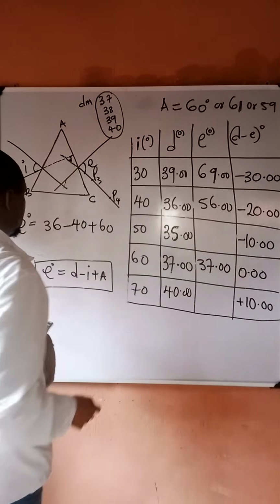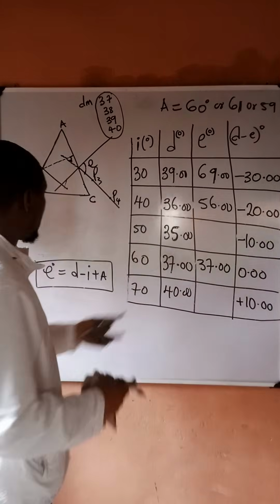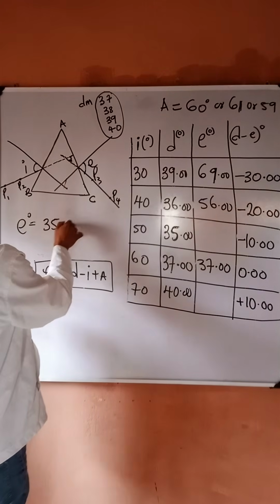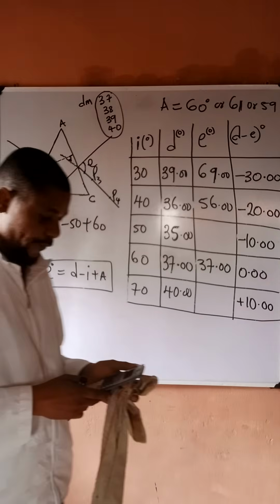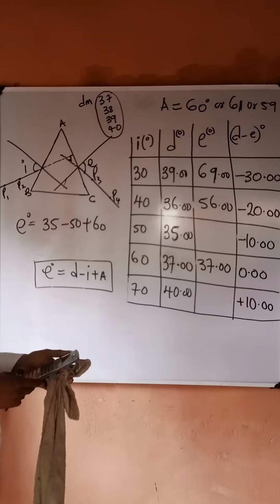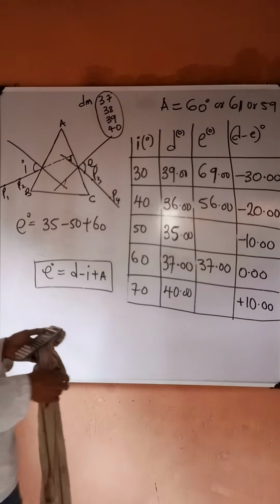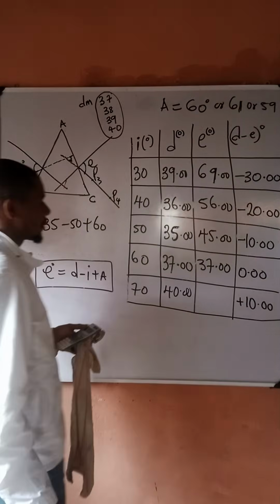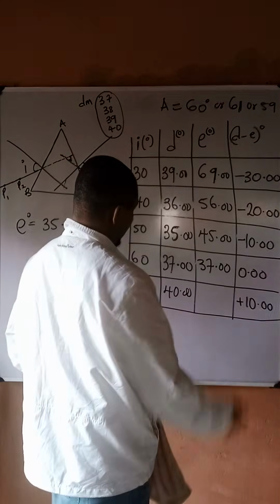Then we go here. The next one there is for this one, which is 35 minus 50 plus 60. So 35 minus 50, plus 60 will give us 45 degrees. And you don't need to solve for this one. This one is already here.